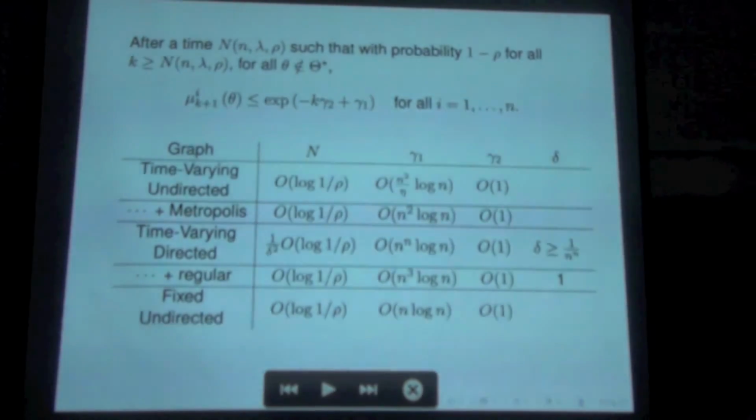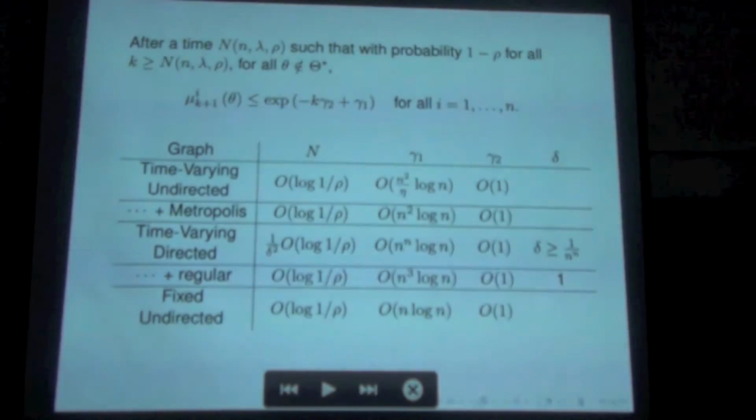So, let's see what these values are. Remember, n is the time you need to wait. And for all the cases, the graph is time varying undirected, time varying directed, or fixed. Metropolis is just one particular way to choose the weights.